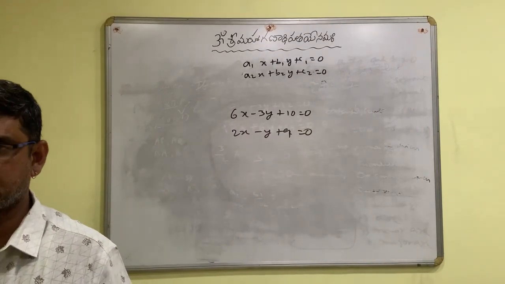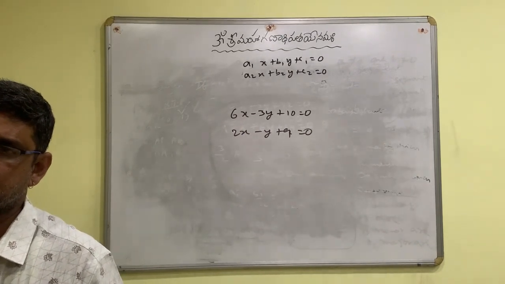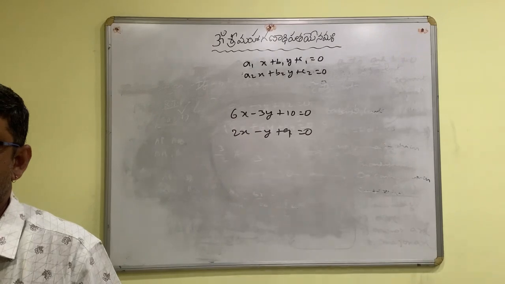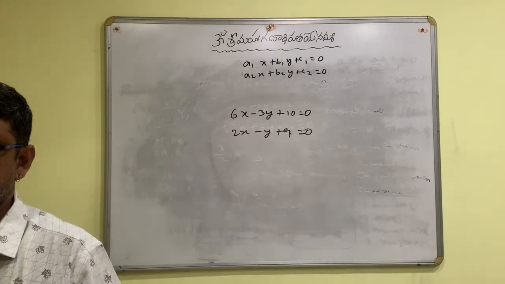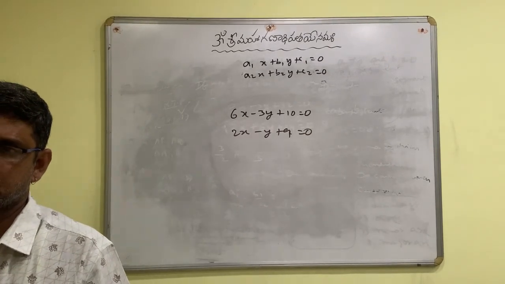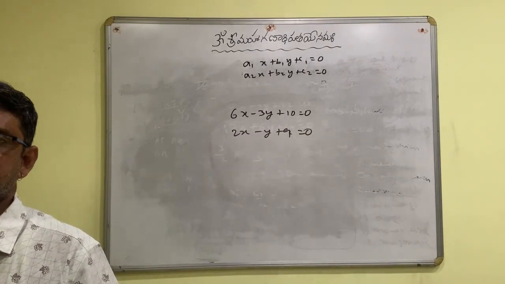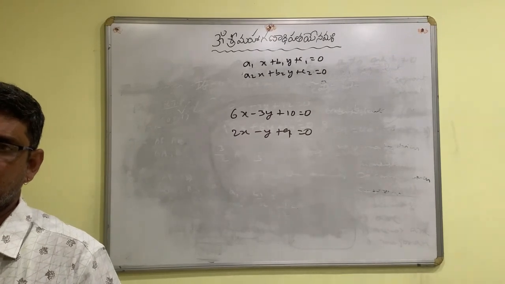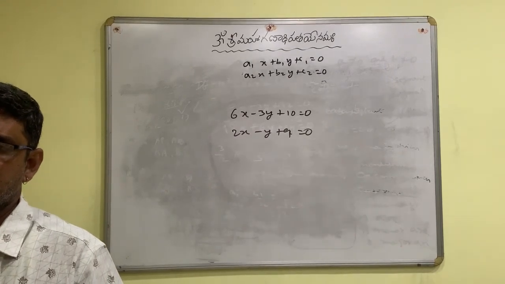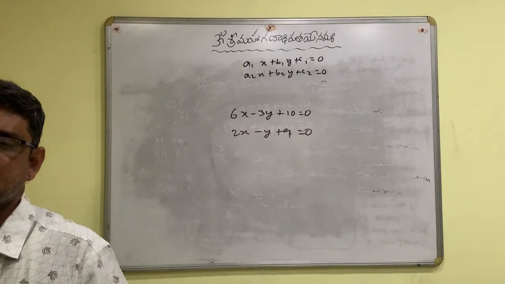Venkatesh says intersecting, but it is parallel, because a1 by a2 is 3 by 1, b1 by b2 is minus 3 by minus 1, that is 3 by 1, c1 by c2 is 10 by 9.